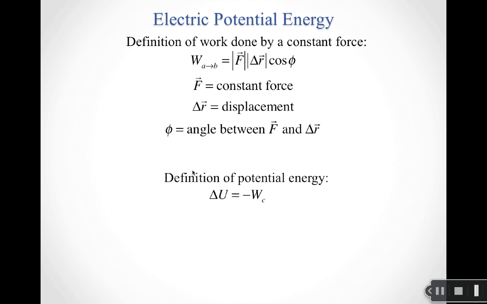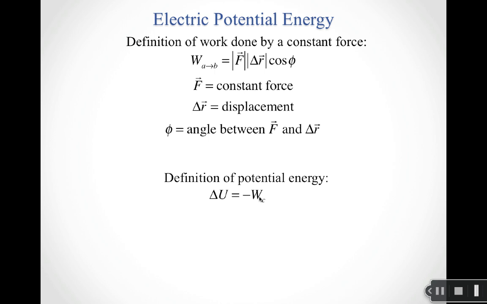Another definition that we talked about in 221 was the definition of potential energy. Again, we see that the change in potential energy is defined to be negative the work done by a conservative force. We said part of what's going on here is that we only need worry about potential energies for very special forces.